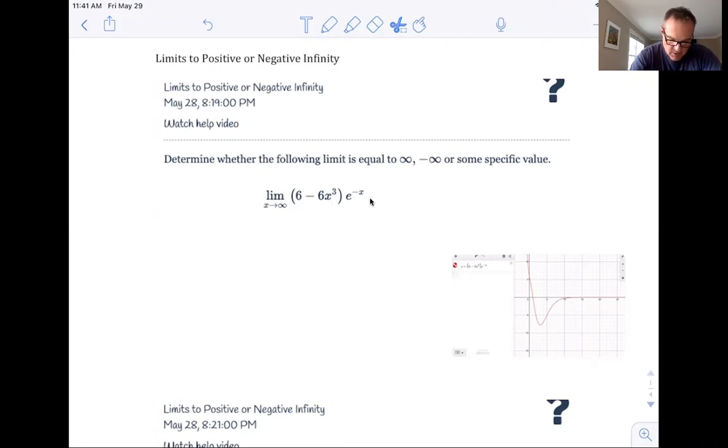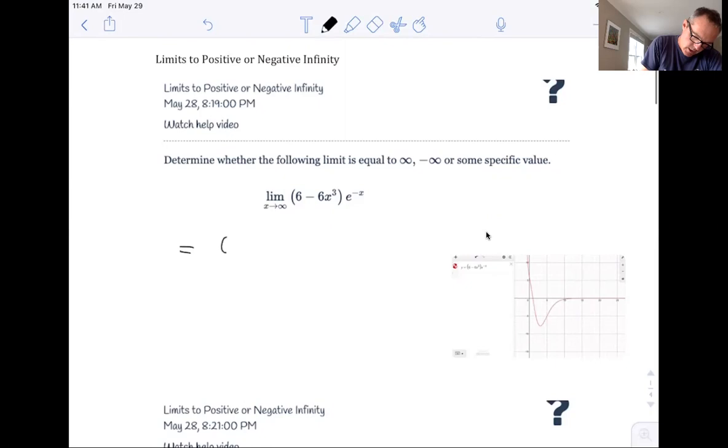So I'll make an attempt to do this analytically, and then we'll real quick look at the graph, which I have down here, but I'll blow it up in a second. So, real quick, if you just put in infinity, you get 6 times infinity cubed. You get all this times e to the minus infinity.